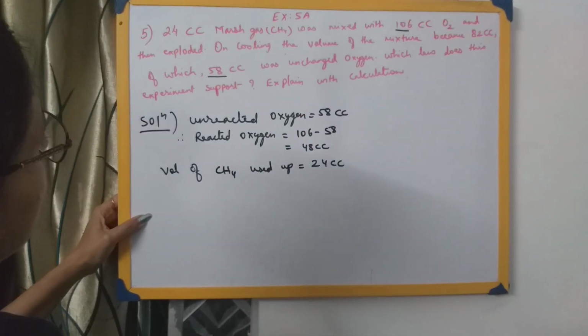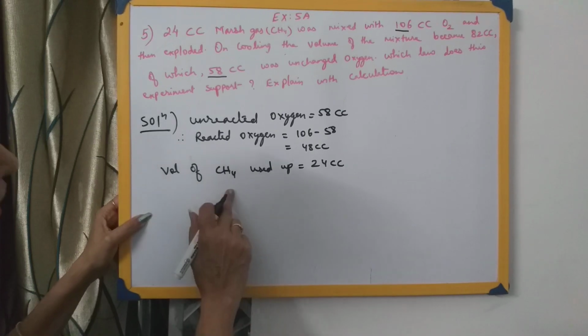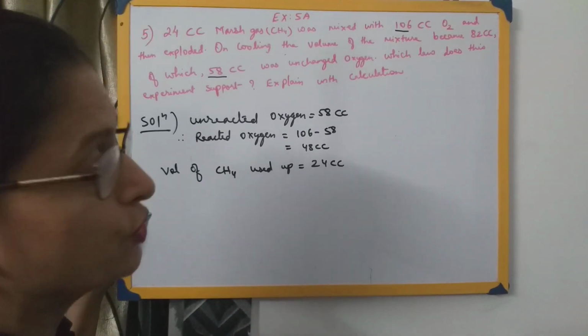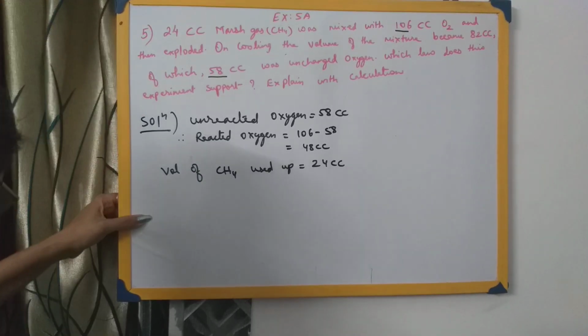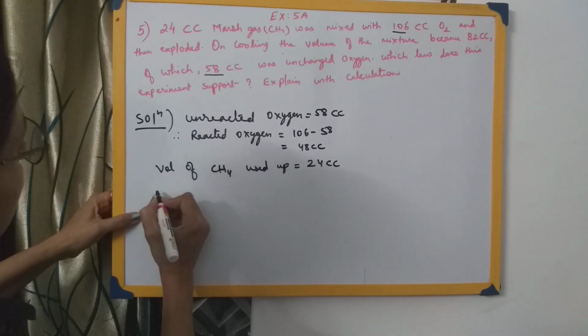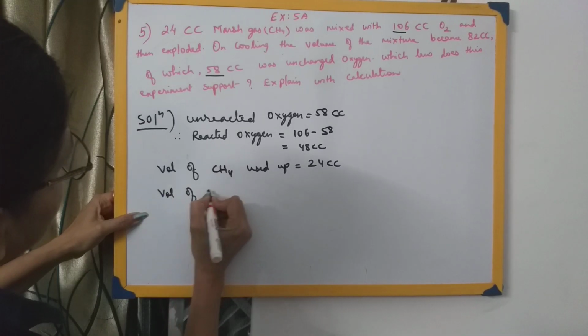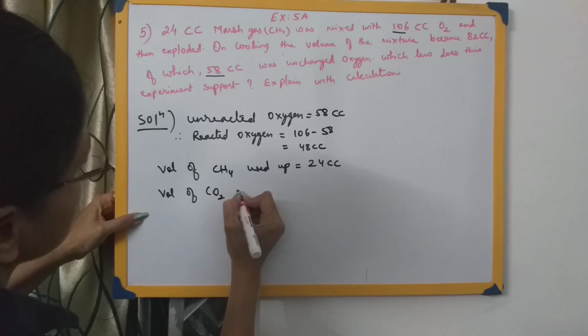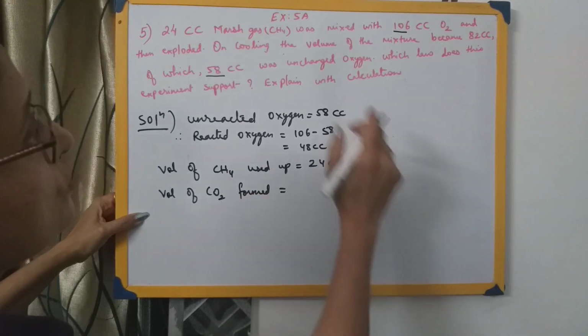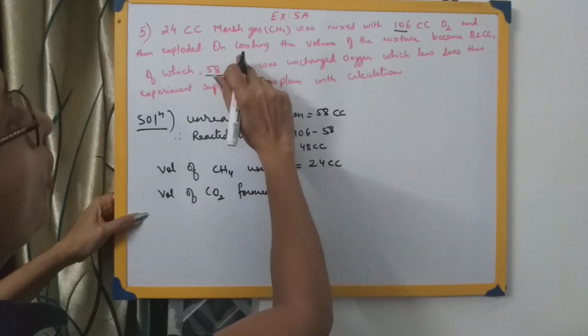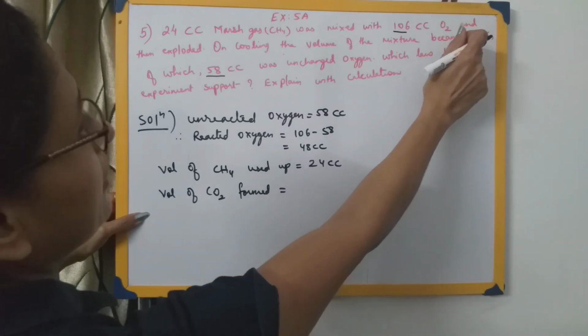Then we always know that whenever methane reacts with oxygen, it is going to form carbon dioxide. So we have to find out how much carbon dioxide has been formed. So the volume of carbon dioxide formed in the reaction, look here. We have been provided with, on cooling the volume of the mixture became 82 cc.